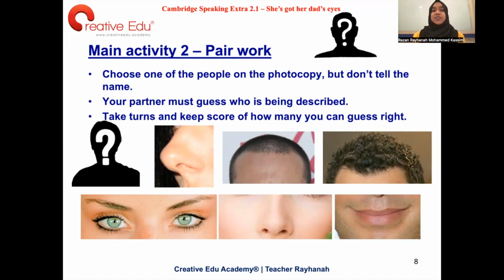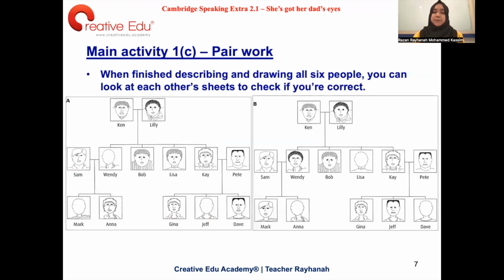So now that you're done with the first activity, let's move on to the second activity. Based on the sheet of paper that you have, you are going to choose one person from that, and you are going to describe that person. Your partner must guess which person it is. So, for example, I want to describe Lily.